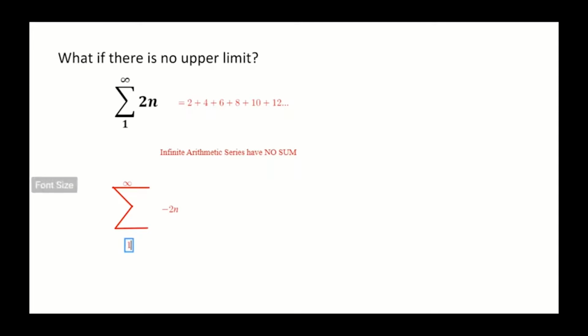So the sum here would be something like -2, -4, -6, -8, -10, etc. Not plus. I said minus, typed plus. My finger's on the wrong key, my bad. Something like this, right? Where this is going to trend towards negative infinity. So you have something trending towards positive infinity, something trending towards negative infinity. For today, we're not going to distinguish between these two, but we will in the future.